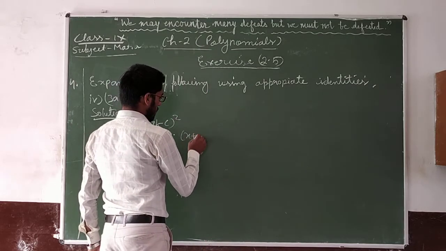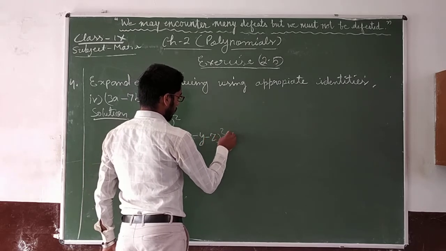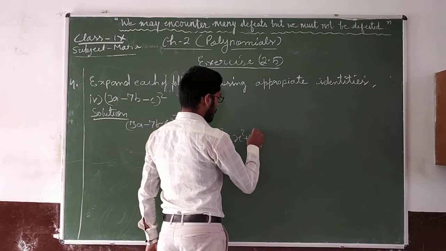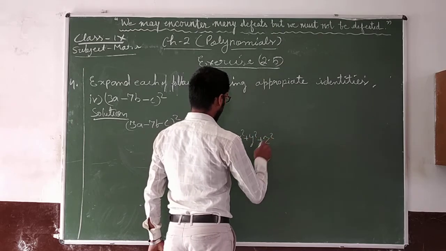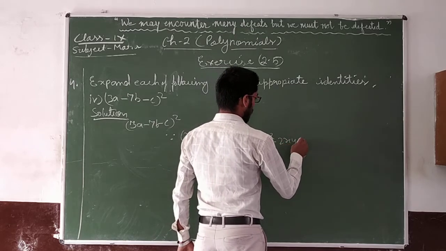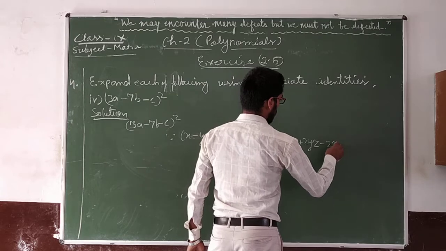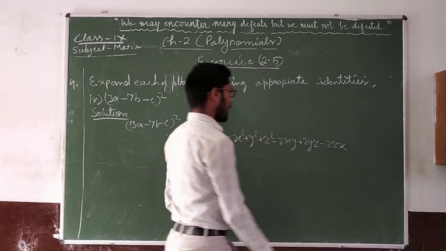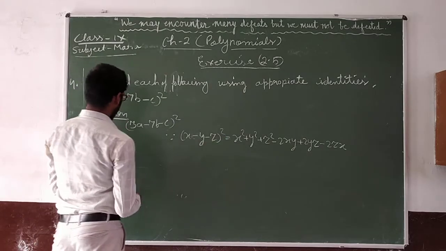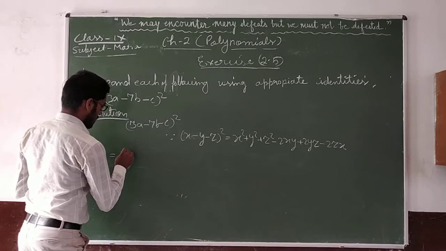So x minus y minus z to the whole square is equal to x square plus y square plus z square minus 2xy plus 2yz minus 2zx. Okay, this is your identity. Now expand according to this identity.